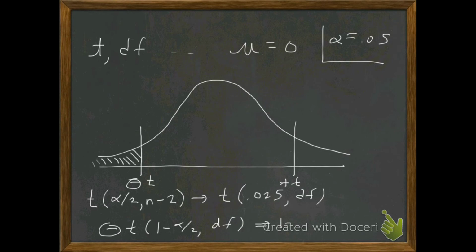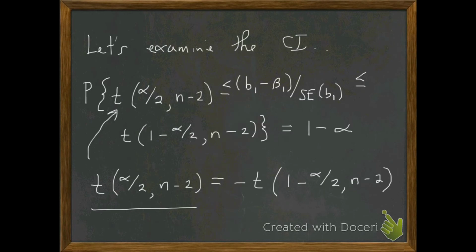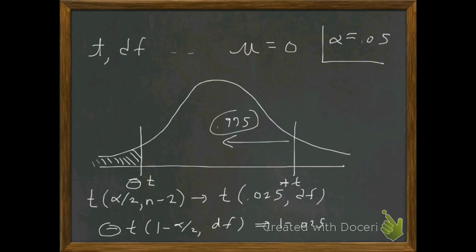So guys, 1 minus alpha over 2 would be 1 minus 0.025, which would be, of course, 0.975. So it's kind of weird. You would think that the way this is set up, the negative would indicate the left value, but it actually indicates the right. So now you probably saw that. That's not heavy duty stuff, but I want to make sure that you see that.